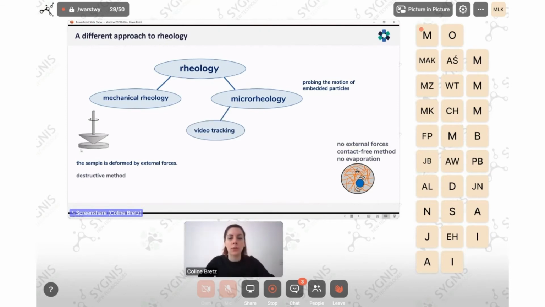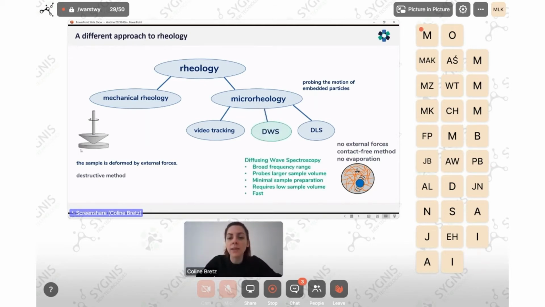There are several ways of conducting microrheology experiments. The first one is to do video tracking, which you can do with a microscope, for example. You can also use DLS to perform microrheology with a somewhat restricted frequency range. And you can also do DWS, diffusing wave spectroscopy, which I'm going to talk about in this presentation. The main advantages of this technique are that you probe a broad frequency range, and that the sample volume you probe is rather large compared to DLS.